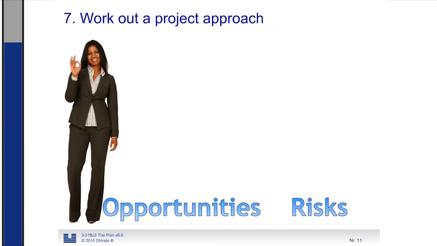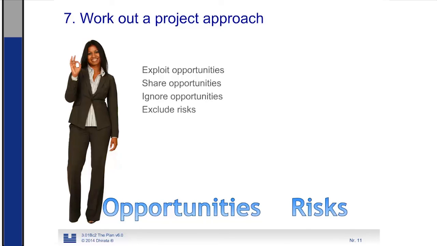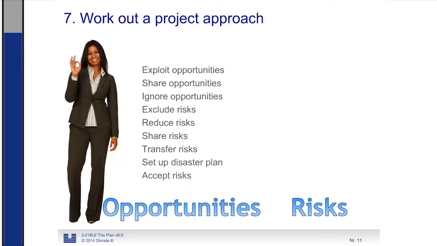When analyzing the risks, we work out a project approach that fits the project. We exploit opportunities, we share them, or we ignore them. We try to exclude risks, to reduce them, to share risk, to transfer them, or we set up a disaster plan, or we just accept the risks.